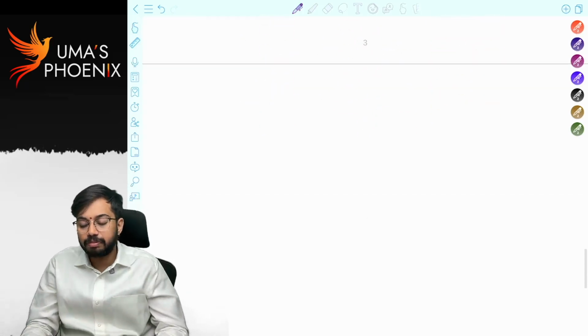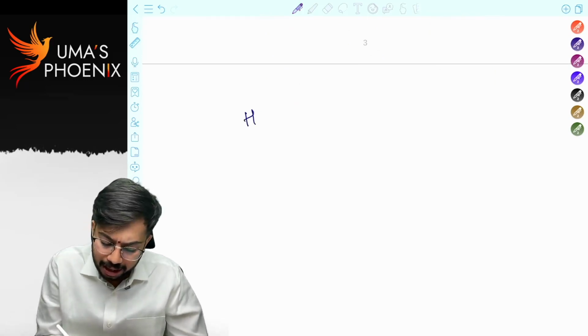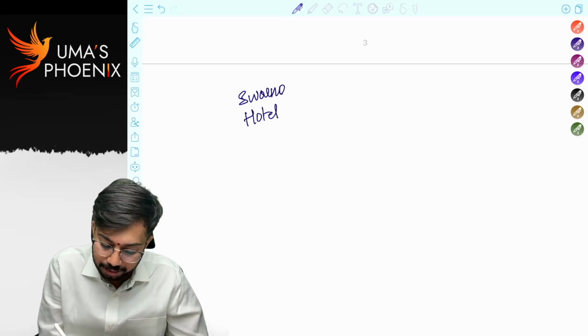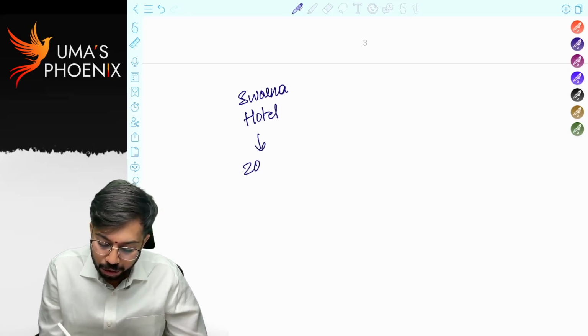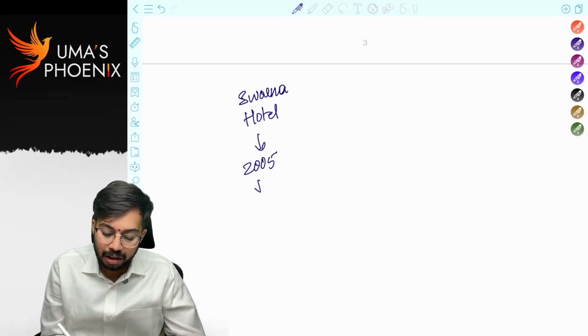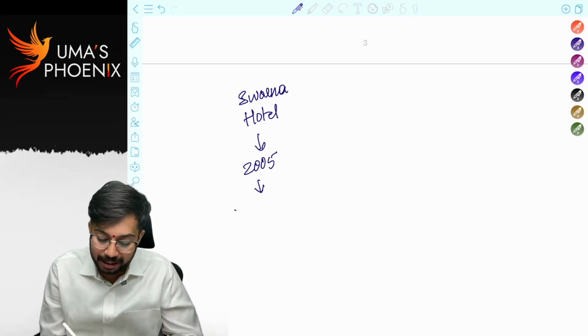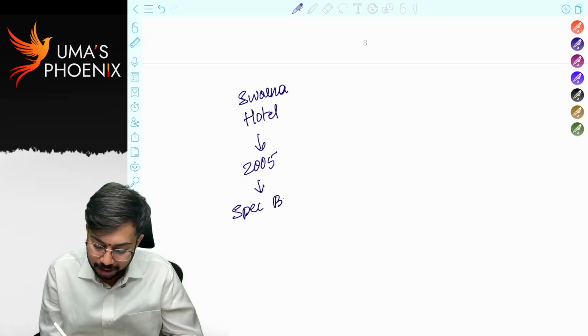I will tell another example. Let's say a hotel is there. Swarna hotel is the name. This was constructed in 2005. Is it a specified business or not? It is a specified business. But 35 AD deduction is not available.